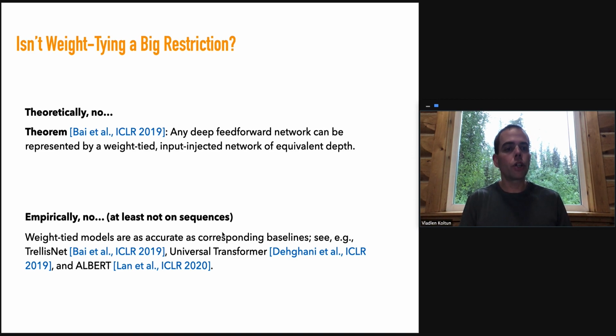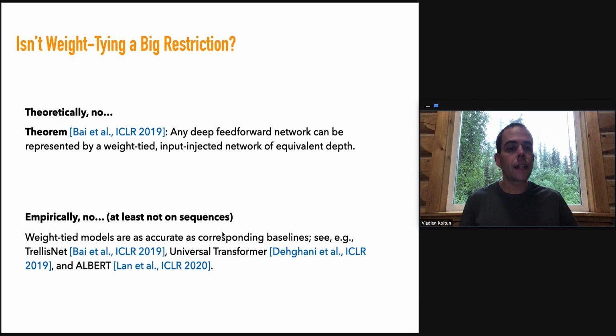Formally, we have shown that any deep network can be converted to a weight-tied deep network where all layers are strictly the same, exactly the same structure, exactly the same parameters. And this conversion retains the depth of the network and retains the expressive power. Essentially, any deep network can be expressed as a weight-tied deep network without giving up any expressive power.